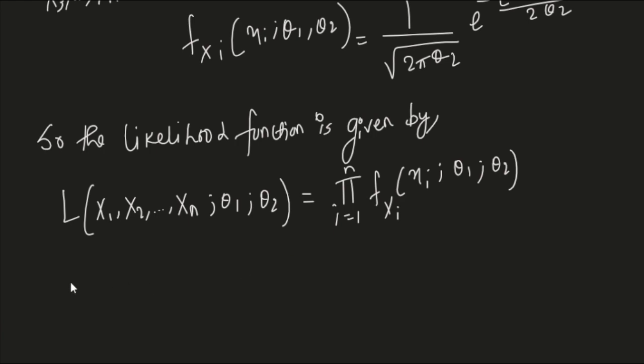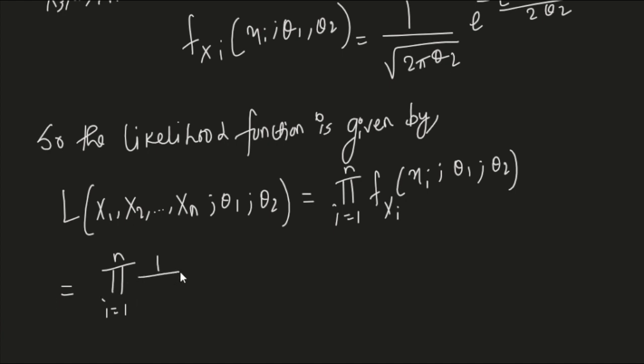And with this expression we can write this as the product from i equals 1 to n, and this L is basically the likelihood function which we will be defining now. In the upcoming examples as well we are going to use the same likelihood function for x1 up to xn, and it doesn't matter how many parameters there are, we can estimate them all.